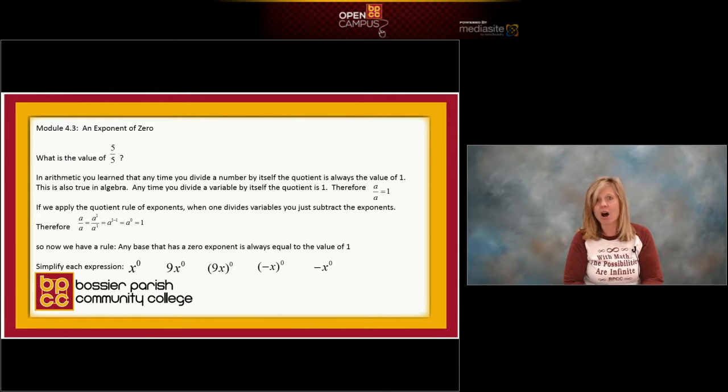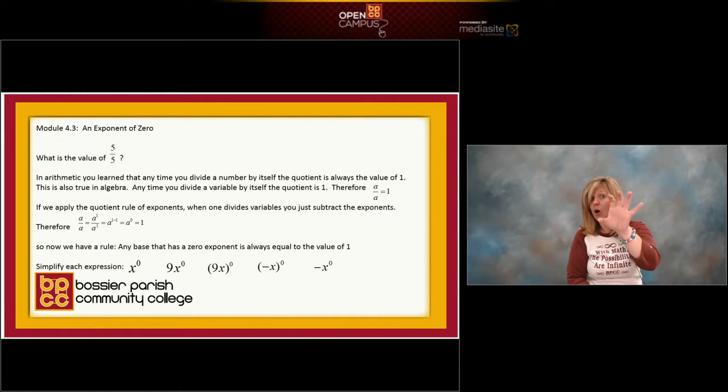Now, when I write in algebra a divided by a, we've learned a rule. We learned from the previous video, when you divide the variables, letters in algebra, you're supposed to subtract their exponents. So let's think about this. If I have a divided by a, first of all, what are the exponents?